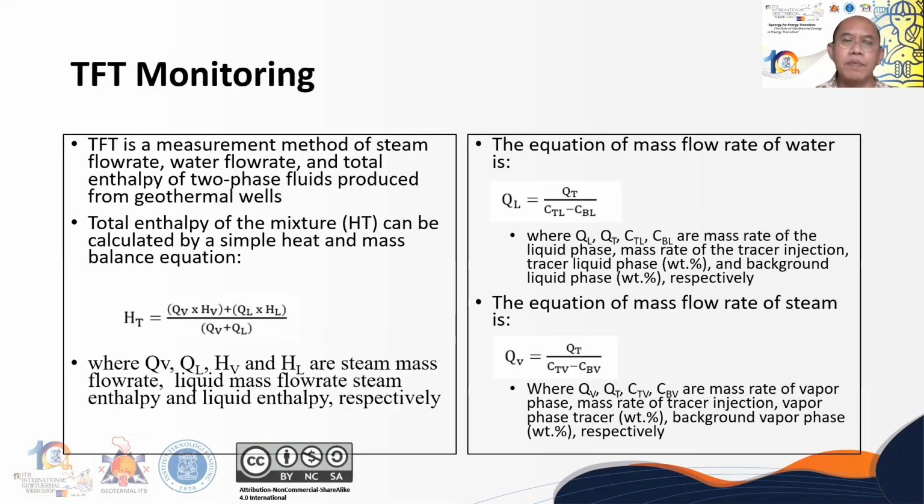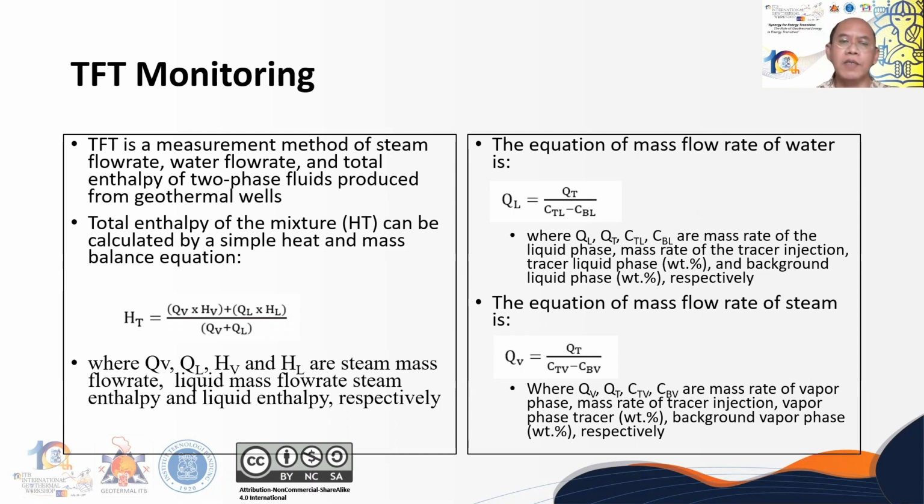Let's look at a brief of the TFT monitoring. The TFT measurement method measures steam flow rate, water flow rate, and total enthalpy of the two-phase fluid produced from a geothermal well.